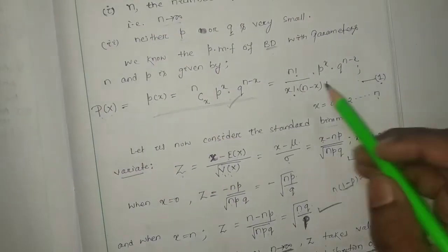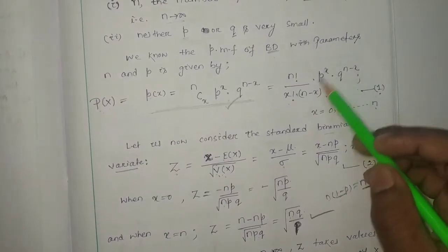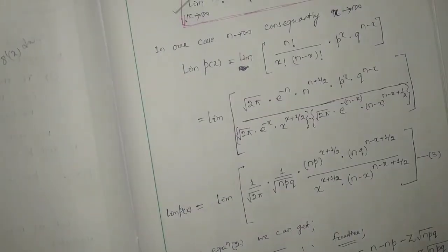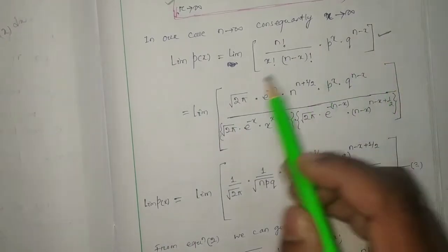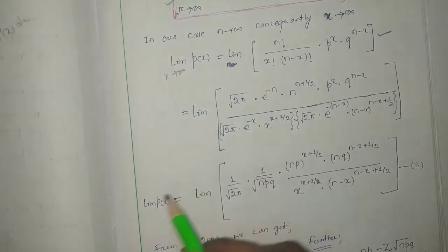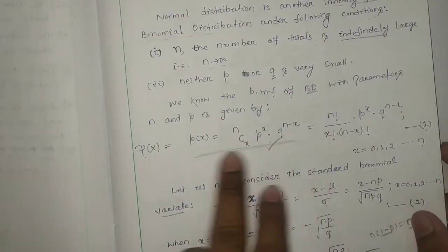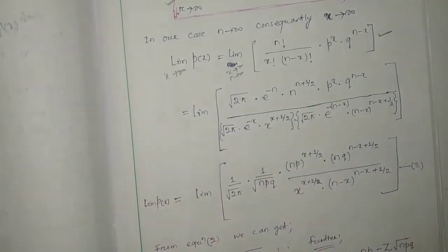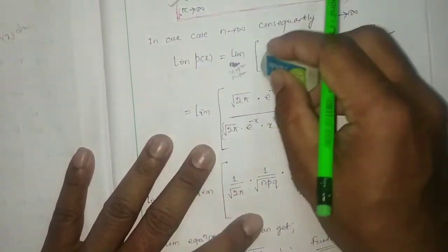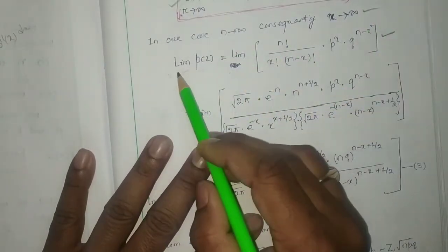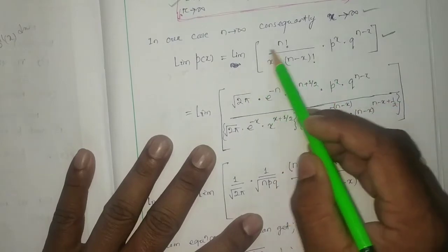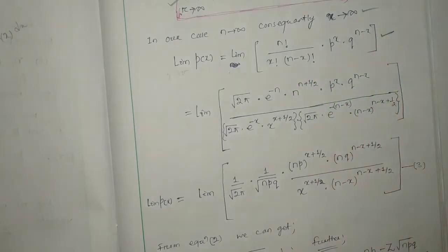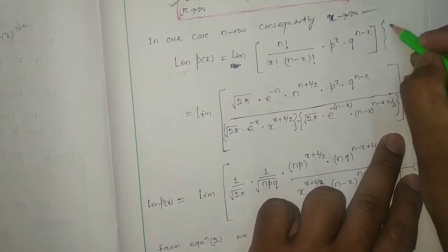As both n and x are there on the right hand side, n tends to infinity and x tends to infinity. So the limit of P(x) equals the limit of n factorial by x factorial into n minus x factorial, into p to the x into q to the n minus x. You can write this in brackets as equation number 1, considering the conditions.